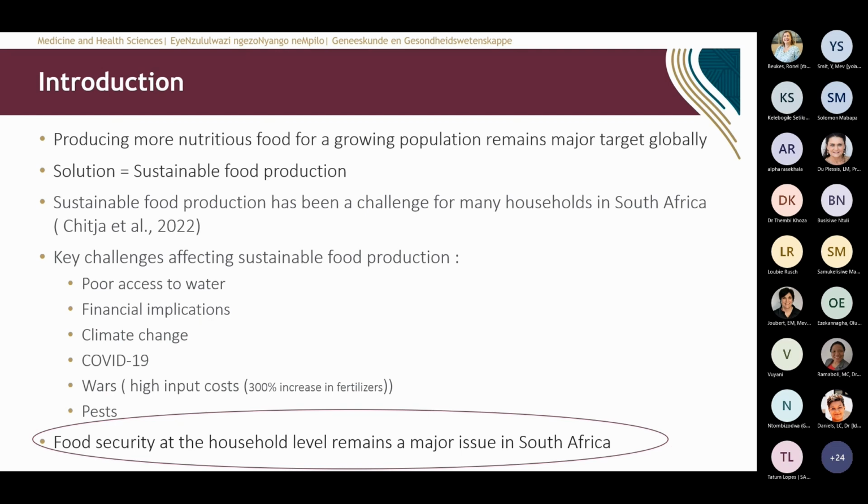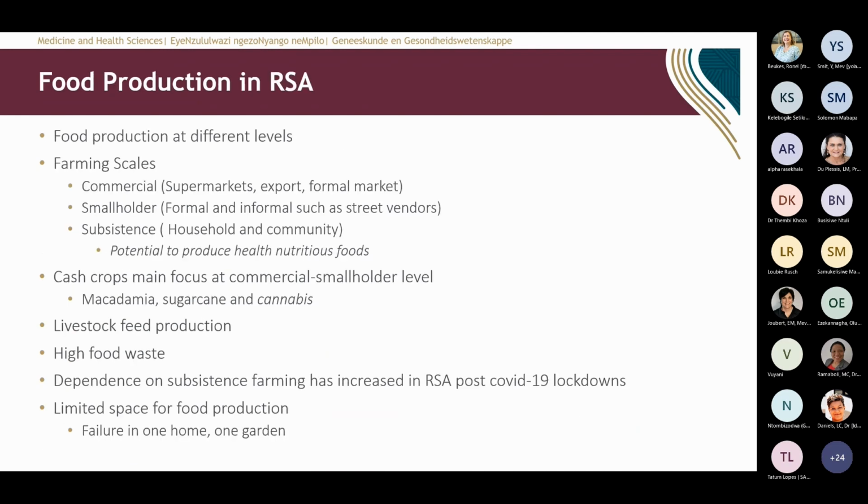So in South Africa, food security is termed to not exist at the national level. However, it exists at household level. So it is my thinking that these are the challenges, and also if we cannot have sustainable food production, then we will struggle to deal with this.